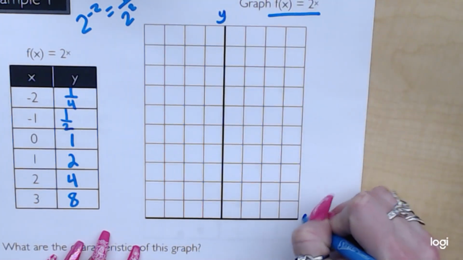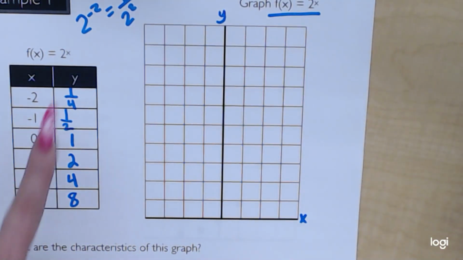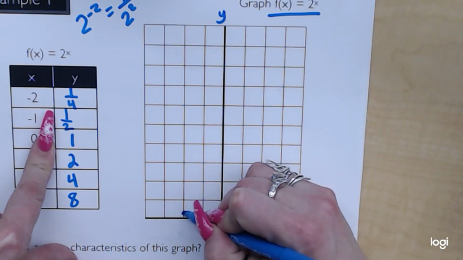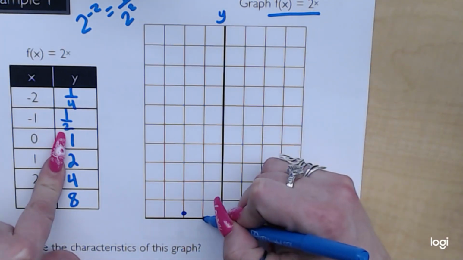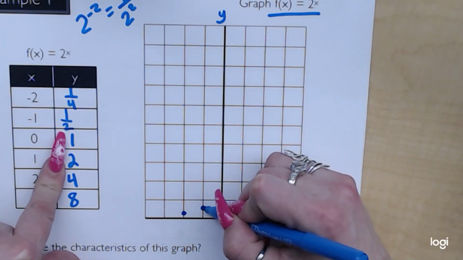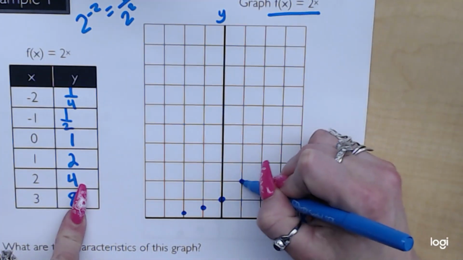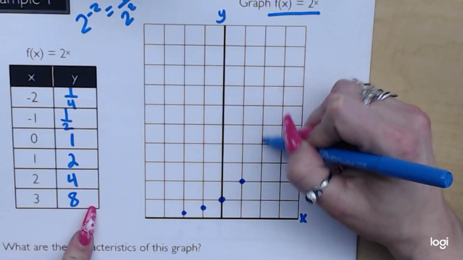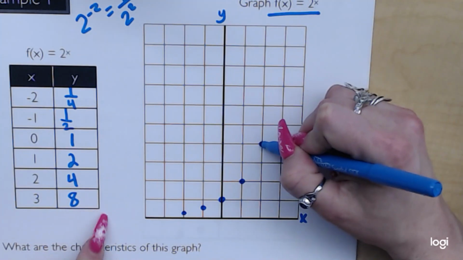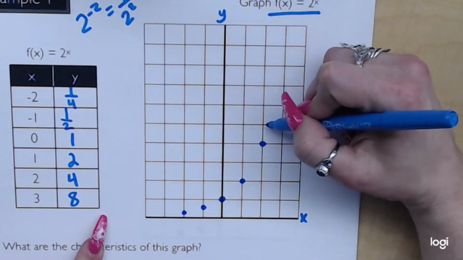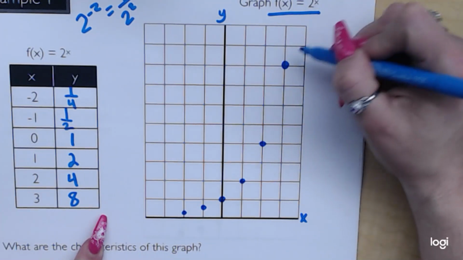We have our x and y values. Our first point is -2 and 1/4. So that's right about here. -1 and 1/2. 0 and 1. 1 and 2. 2 and 4, and 3 and 8.